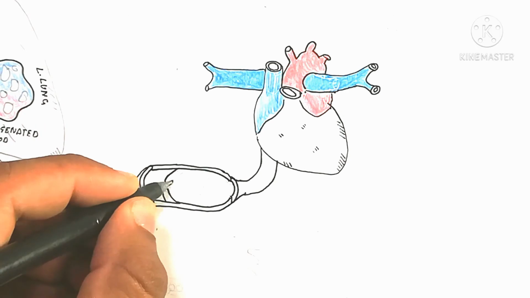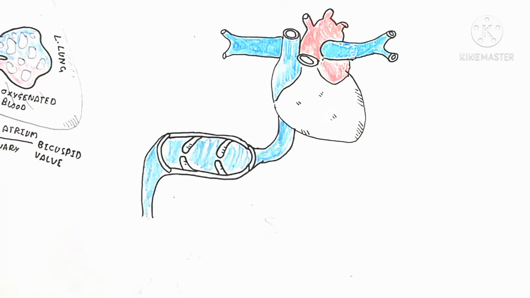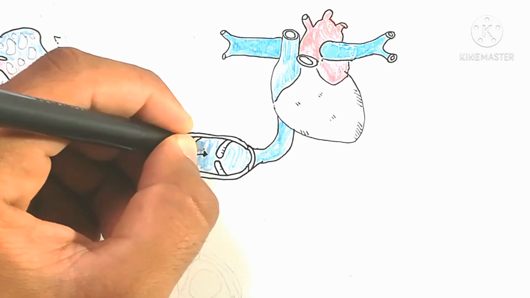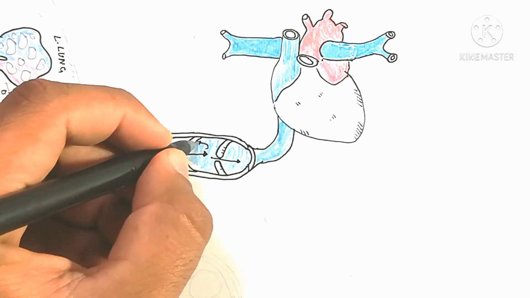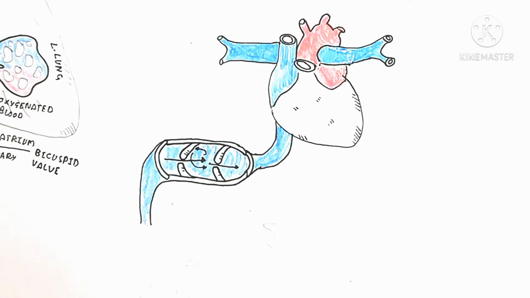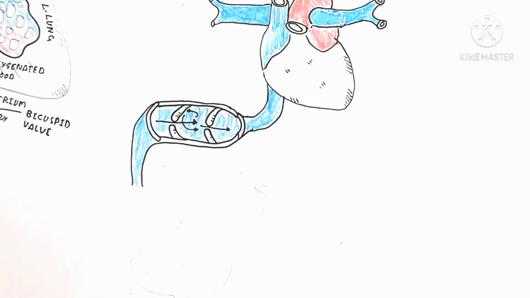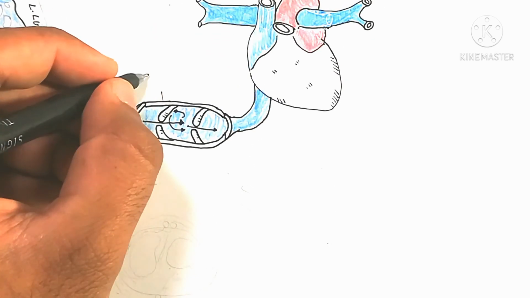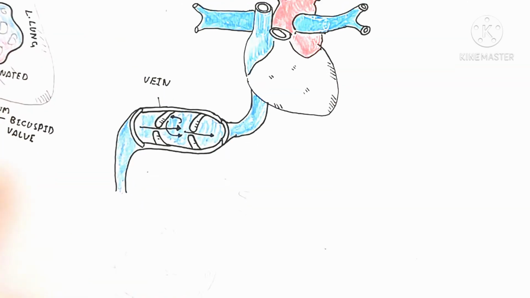The energy producing mechanism uses oxygen and releases carbon dioxide. So their circulation is done through the heart.